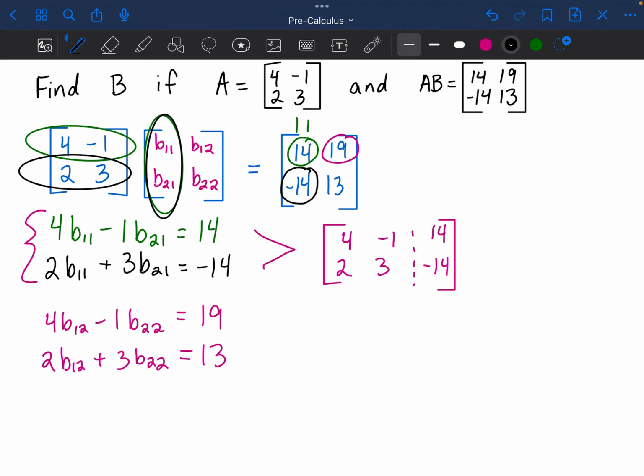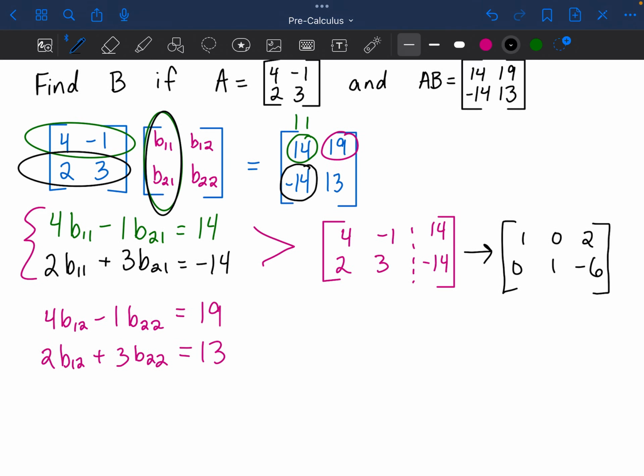I can make a video of how to do that on the TI-84, or you can do your regular elimination and row operations to solve. But I think it's easiest just to do your RREF in the calculator, and we end up with 1, 0, 2, 0, 1, negative 6. So it just solves it for us.